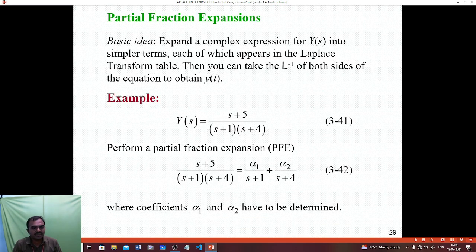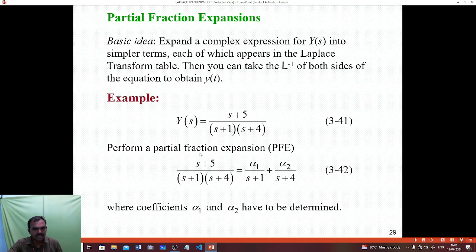Next, partial fraction expansion. In the previous example we directly took the Laplace transform; here we use partial fractions. We are familiar with partial fractions from school, with three types. Here the problem is of the first type, where the factors are not repeated, the two factors are different. For example, Y of s equal to s plus 5 by s plus 1 into s plus 4.